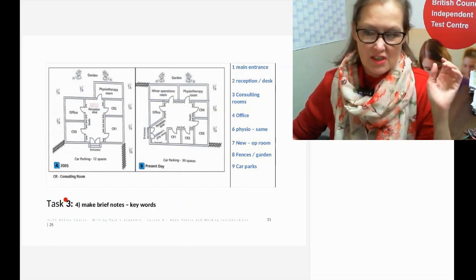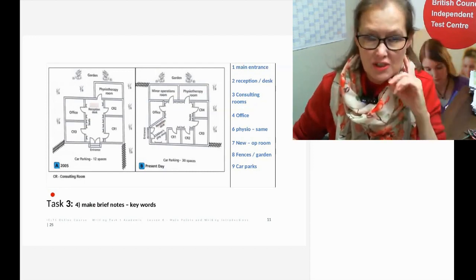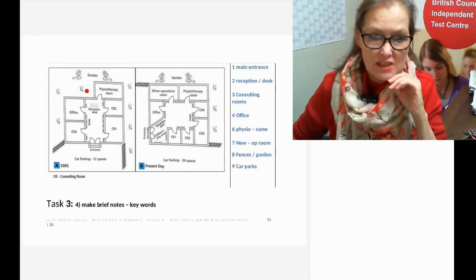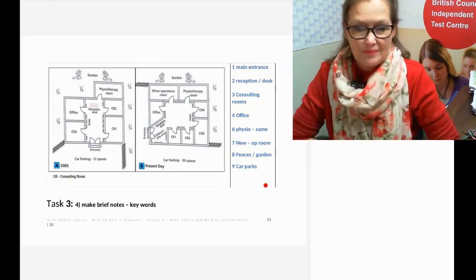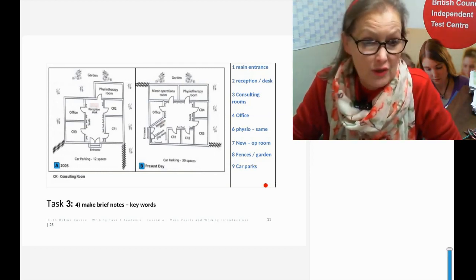So sorry, just look at that task. This has come onto the next page again. I haven't got these margins correct. But you're really just looking at map A and map B and deciding what you're going to write about. I'll give you a few minutes to really study this and make your own brief notes.